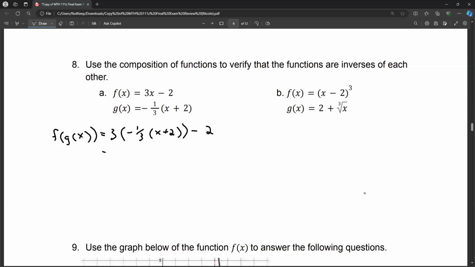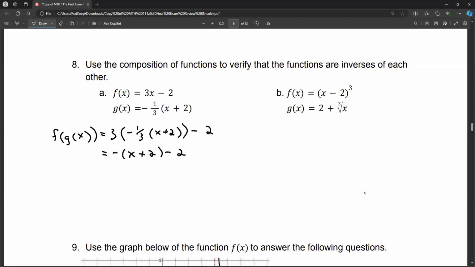Okay, so going ahead and simplifying this, we see that 3 multiplied in would be 3 times negative 1/3. That would simplify to just negative 1. Then my x plus 2, and then minus 2 on the outside.